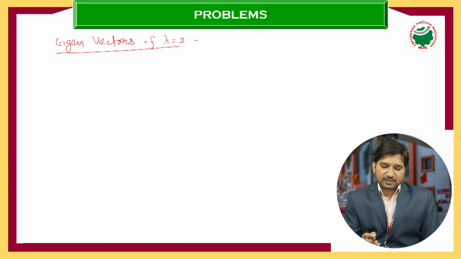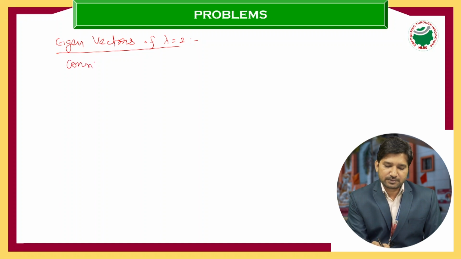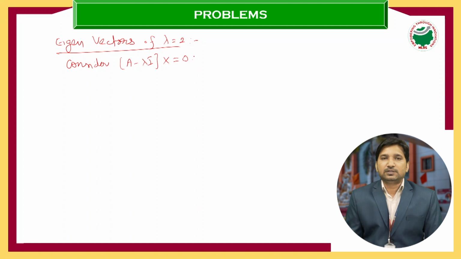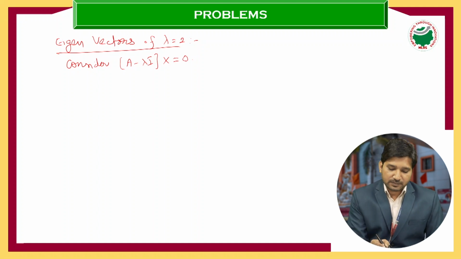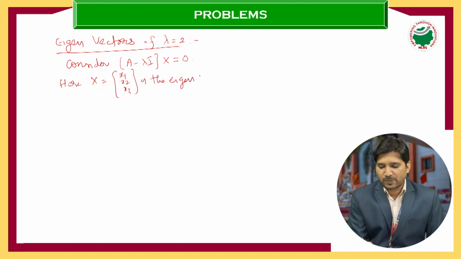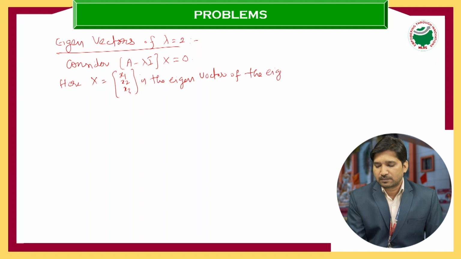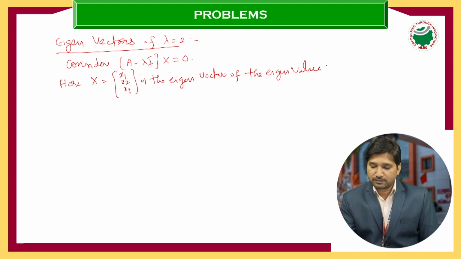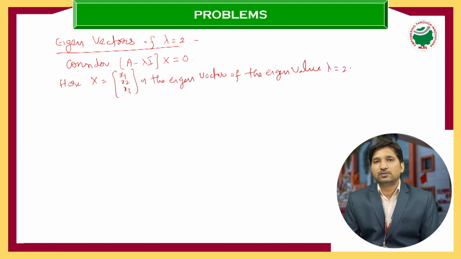Consider the system of equations (A minus lambda I) times X equal to 0, where X equal to x1, x2, x3 is the eigenvector of the eigenvalue lambda equal to 2.